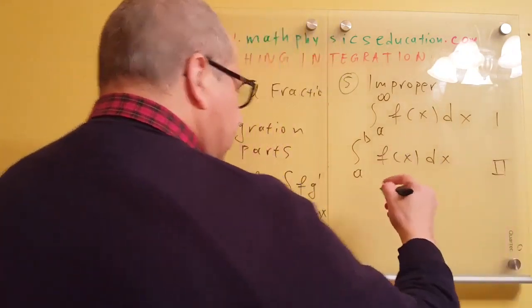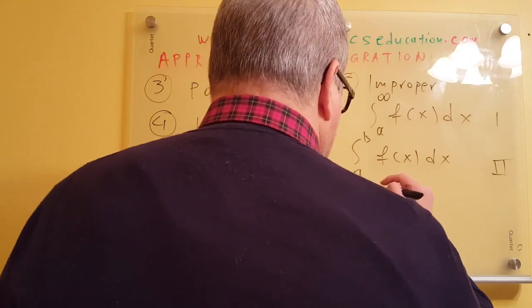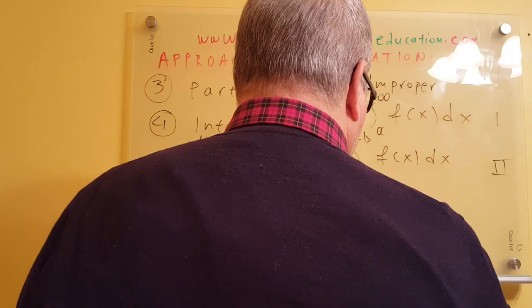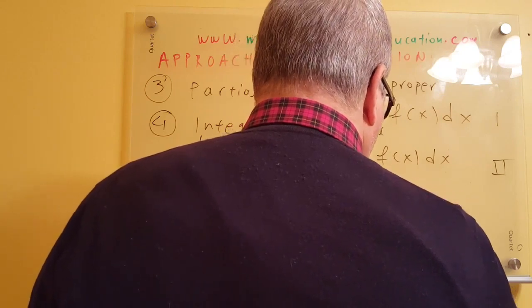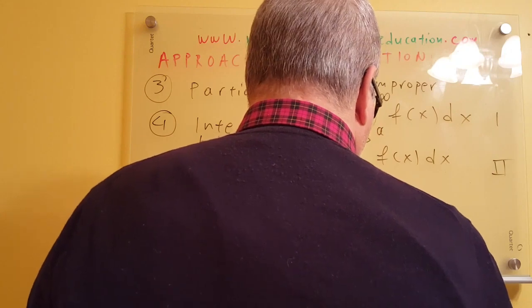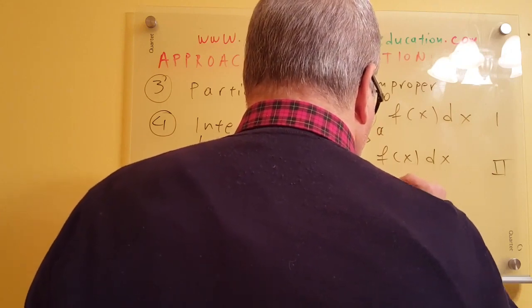So, for example, let's say you have to find the integral of 2 over x minus 1 from 1 to 3.